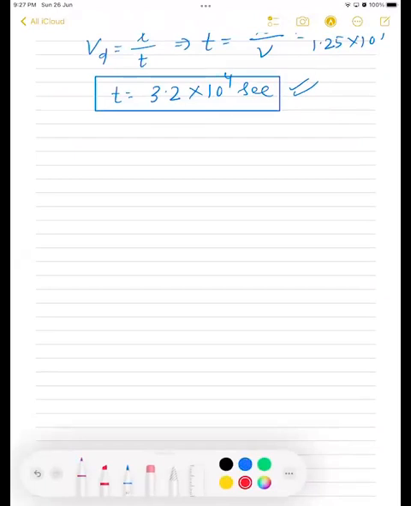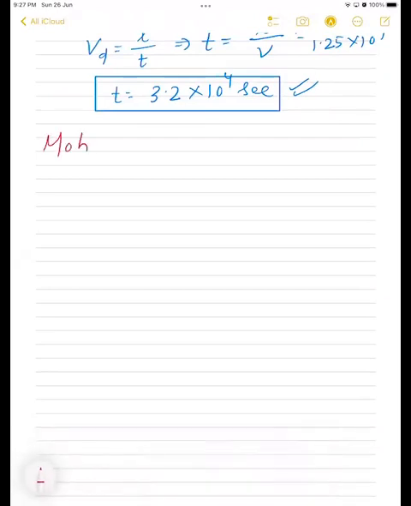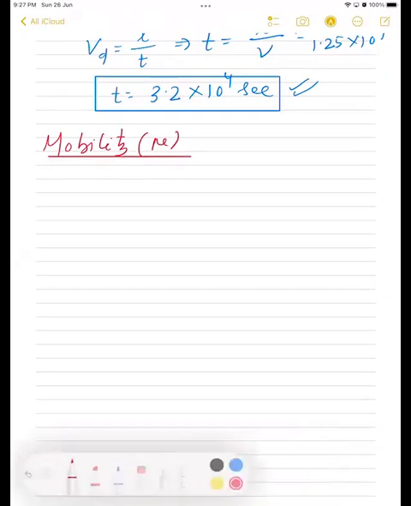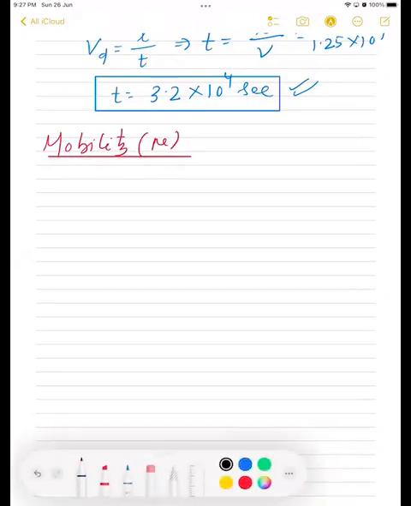Next, let's go to another part here. Give heading mobility. Right? Let's know what is mobility. Get acquainted with the scientific terms associated with current electricity chapter. What is mobility? Students, mobility means what?